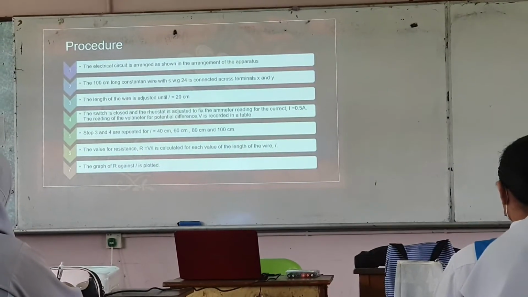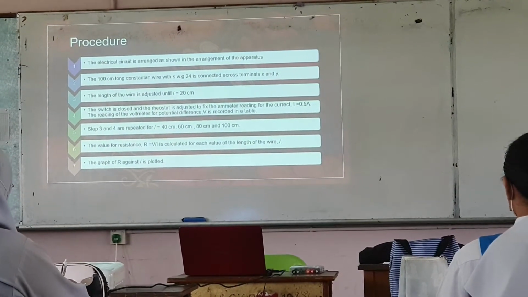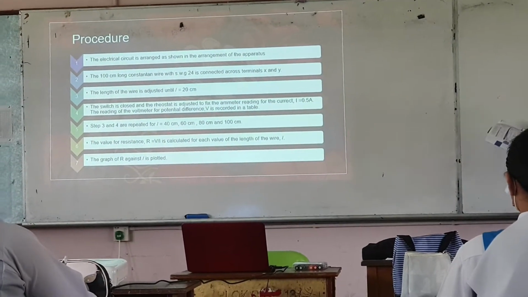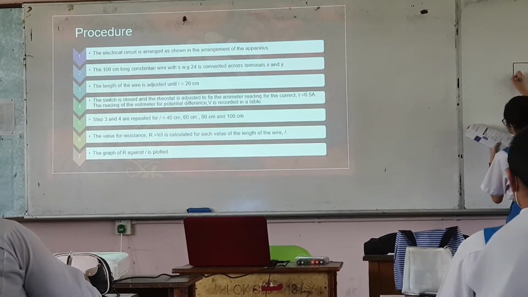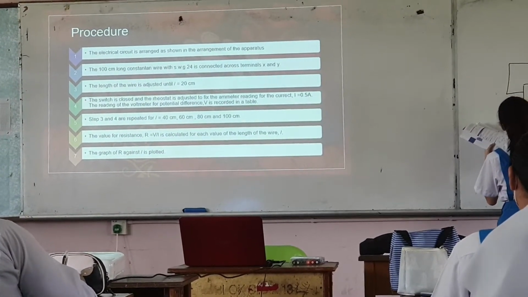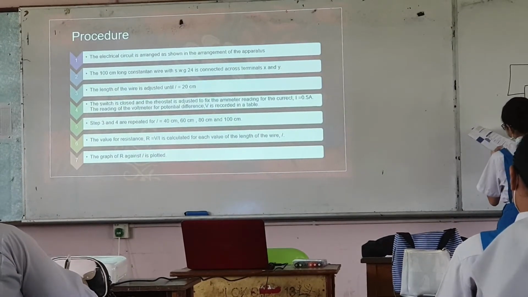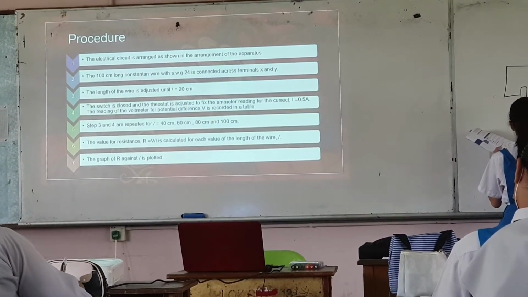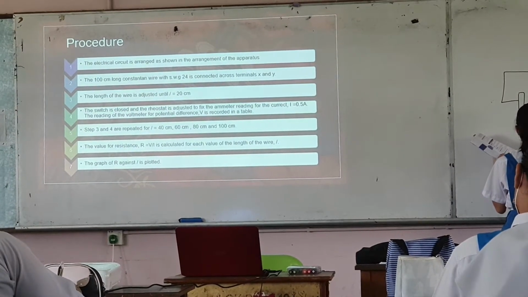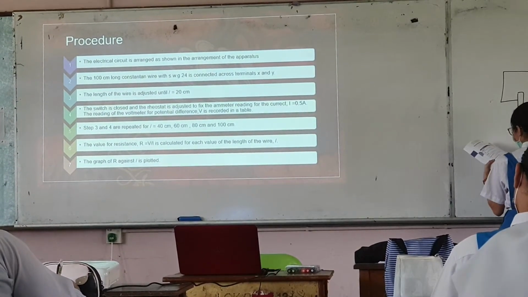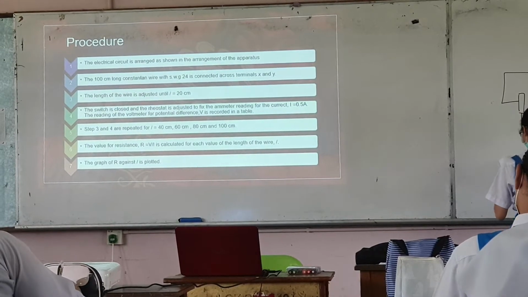Electric circuit arranged as shown in the diagram. 100 cm long constantan wire with SWG 24 connected across terminal X and Y. The length of wire is adjusted until L is 20 cm. Switch is closed, rheostat adjusted to fix the ammeter reading to the current 0.5 ampere.